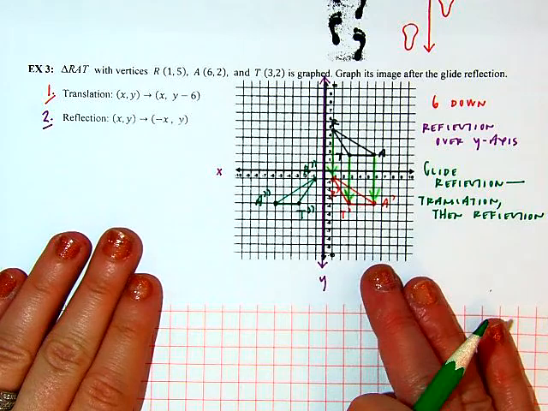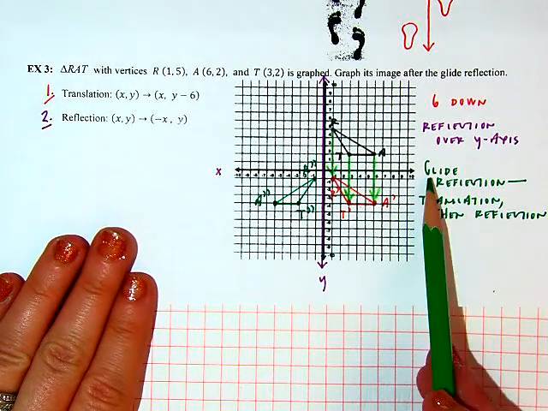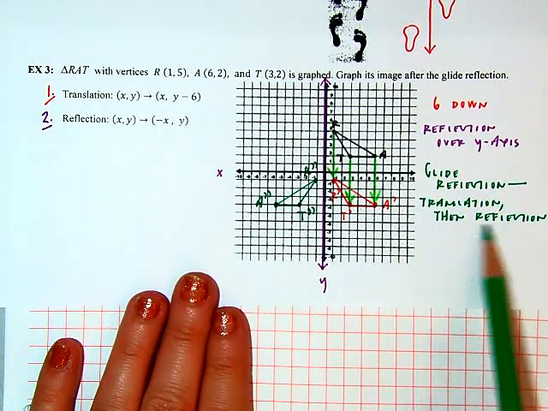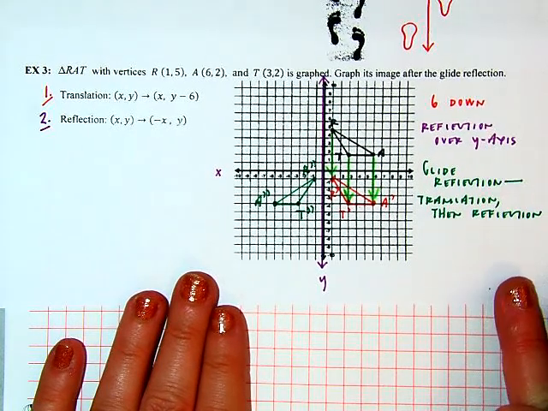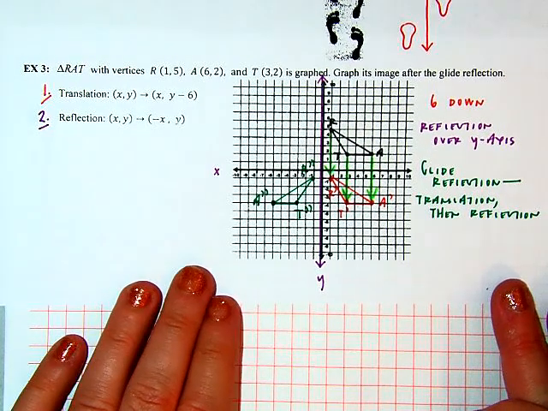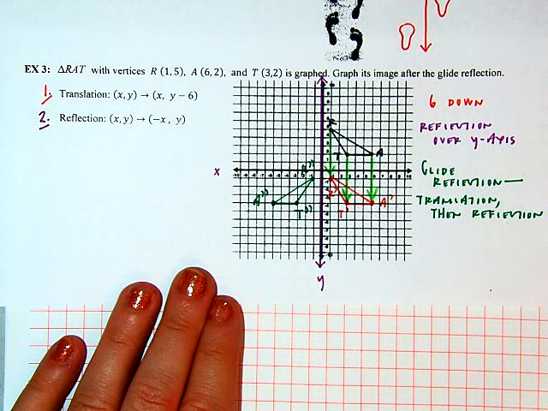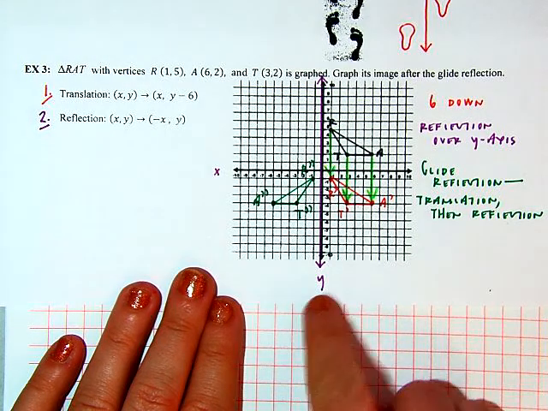All right, so is it a glide reflection? We already know it is, but why is it? First, a translation followed by a reflection. It could be vice versa as well, but we're saying exactly as we see it. And then the second criteria is, is the pathway of the translation parallel to the mirror line? Well, absolutely, because our pathway for the translation is a vertical pathway, just like the y-axis right here is a vertical pathway.